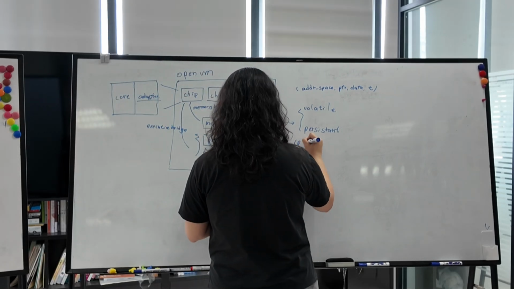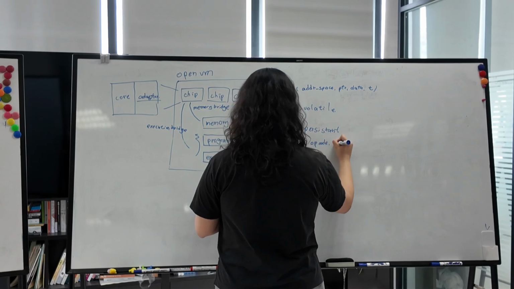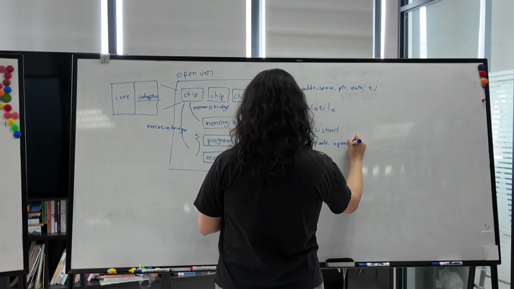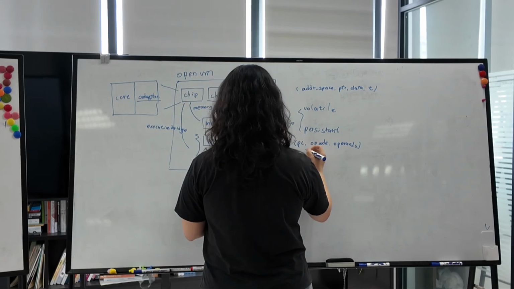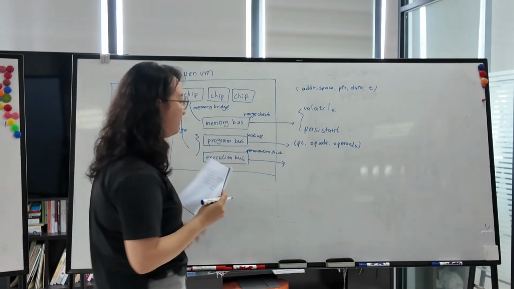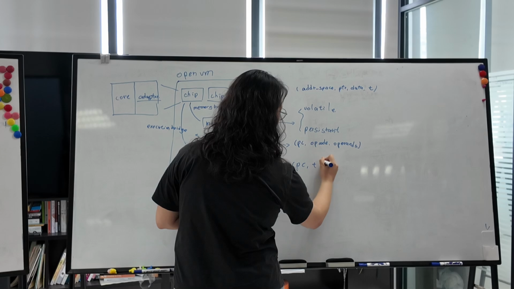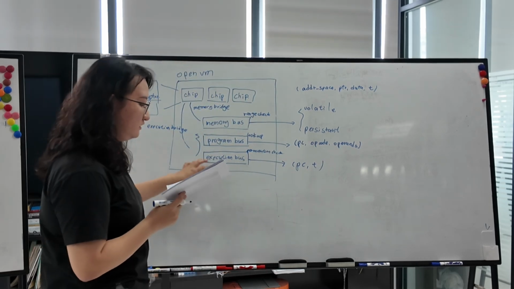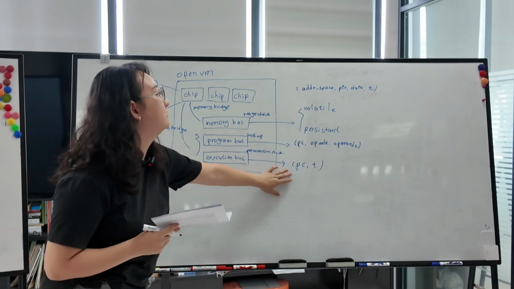It's taking the program counter, opcode, and the operands. And this one is taking care of the correctness of the instruction and function. And then execution bus is having PC, the program counter, and time as the message format. And this one is taking care of the continuity of the program counter.